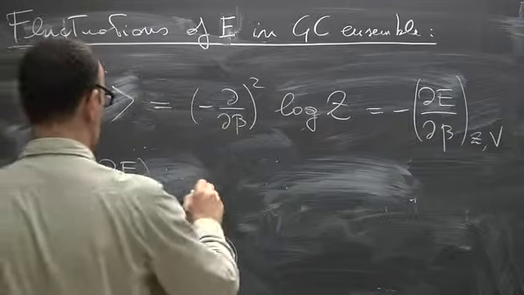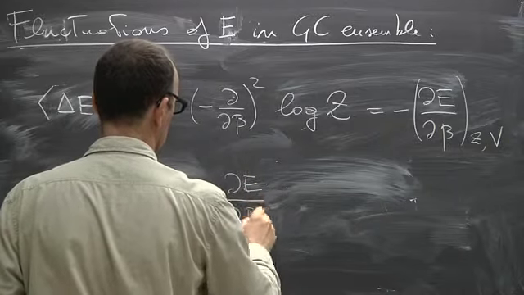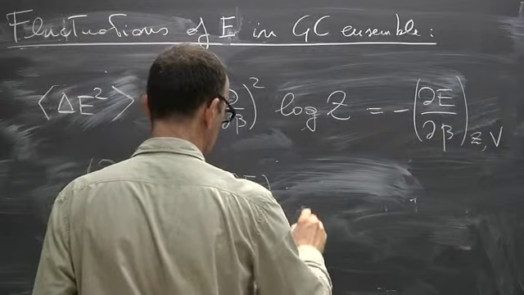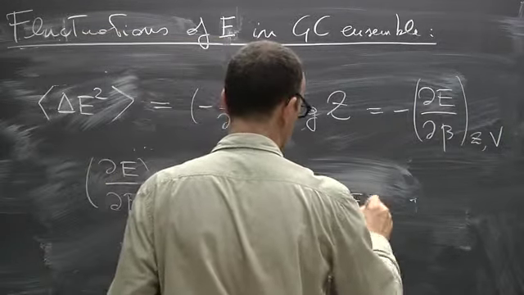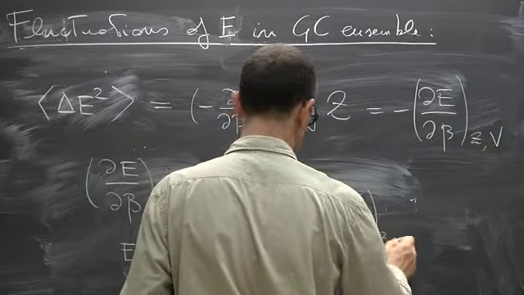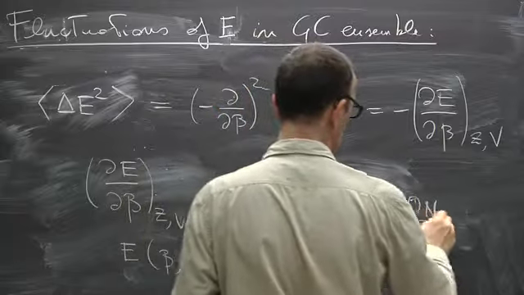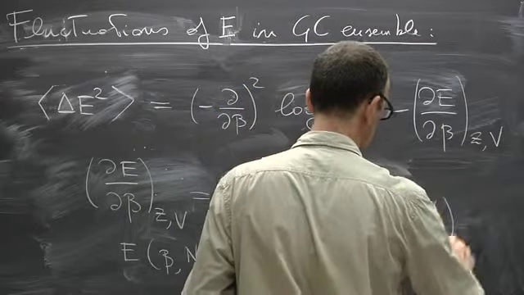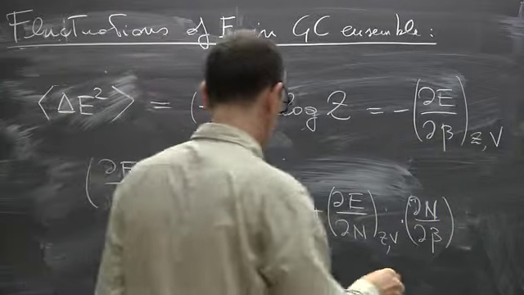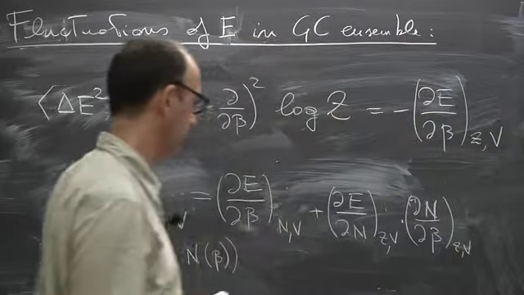So you will have that this is the change in the energy at N and V fixed, plus the derivative of E with respect to N at z and V fixed, times dN d beta at z and V fixed.